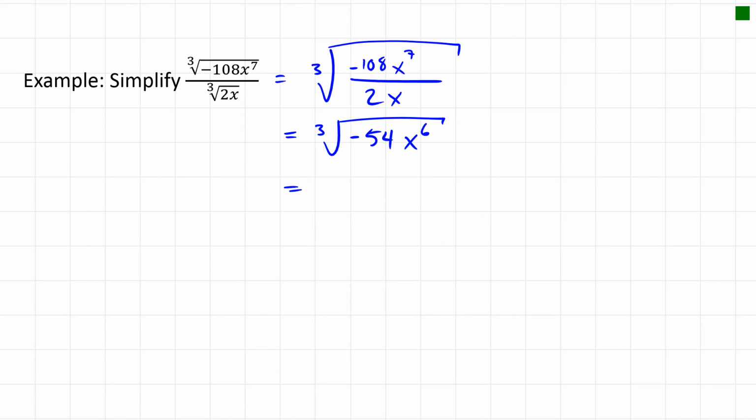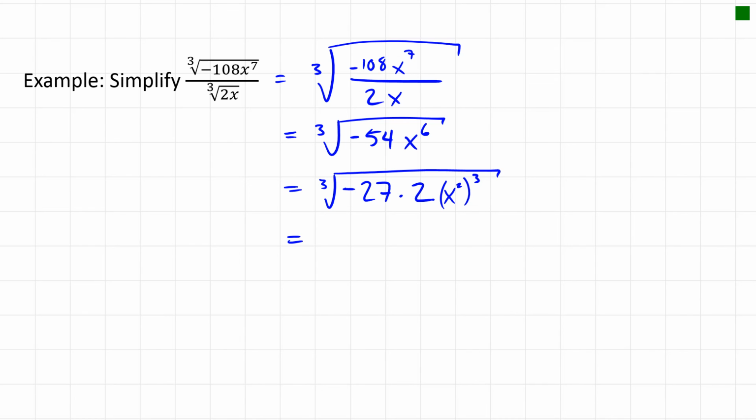And now this is a cubed root, so I'm looking for perfect cubes. So 54, is 54 a perfect cube? It's not. So what can I do? I can do the cubed root of negative 27 times 2. And x to the 6 is a perfect cube, because that would just be x squared cubed.